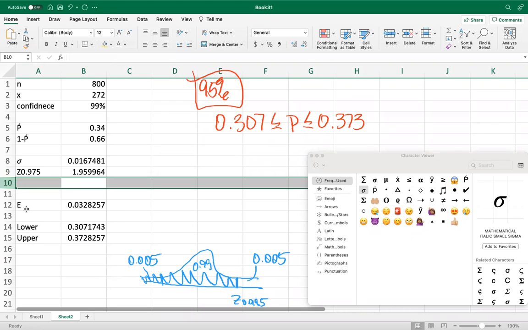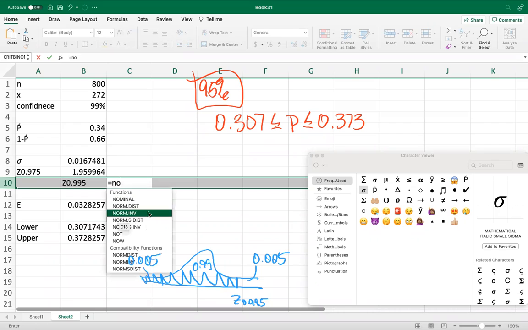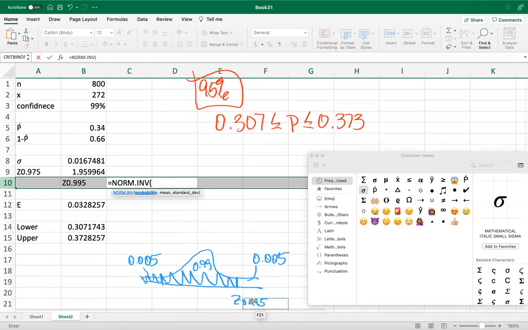And here for the z-score of 0.995, we use the normal inverse, because we have an area that we need the associated z-score for. Probability in this case is going to be 0.995. Since we're looking at the standard normal distribution, the mean is going to be 0. Standard deviation is going to be 1.